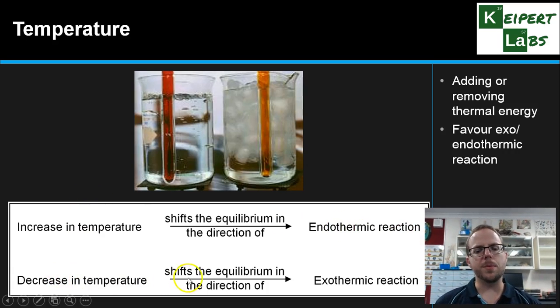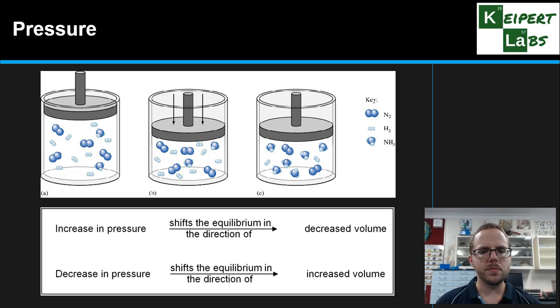If we decrease the temperature, it shifts to favor the exothermic reaction to replace thermal energy. The principle here is exactly the same as with concentration if you think of energy as a term that we would write in our equation, like such and such plus energy. If you consider it that way, then the behavior here is the same. We're shifting to replace something that was lost or remove something that was added.